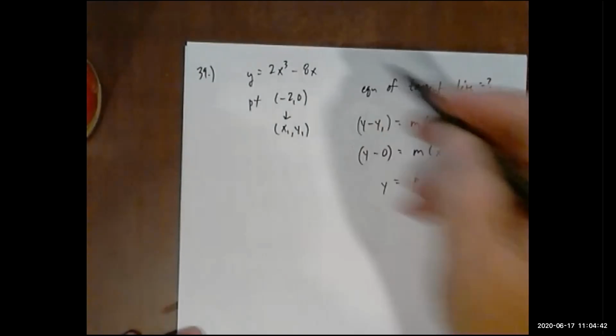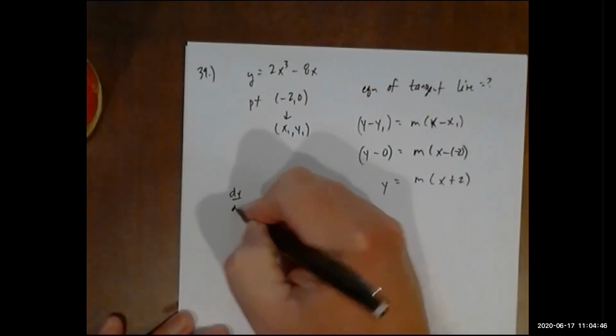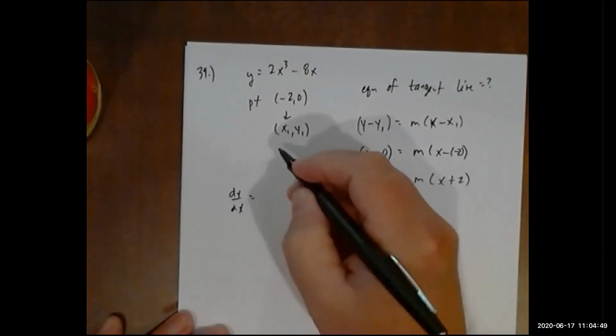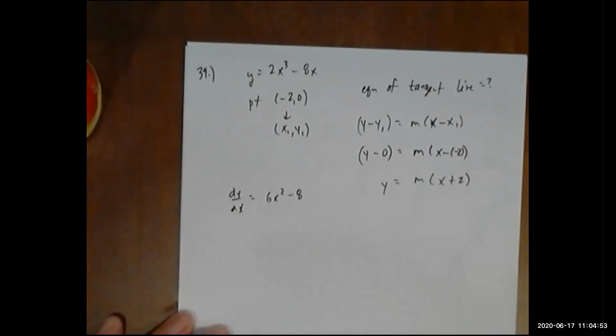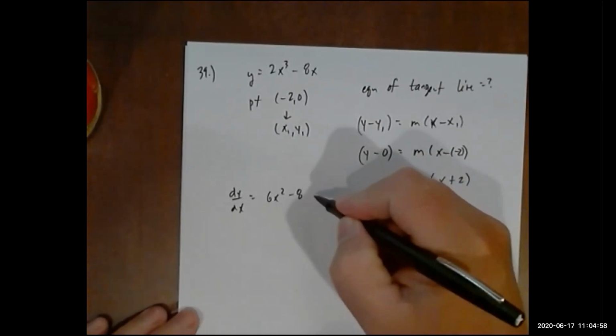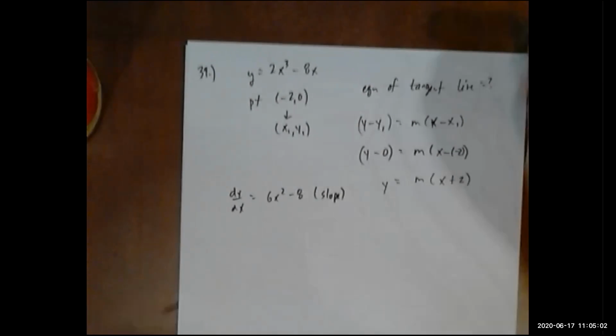So I'm going to take the first derivative of my function, and it's going to be 6x squared minus 8. So you remember what we've been taught, the first derivative of a function really represents the slope at every point, every place on that graph.